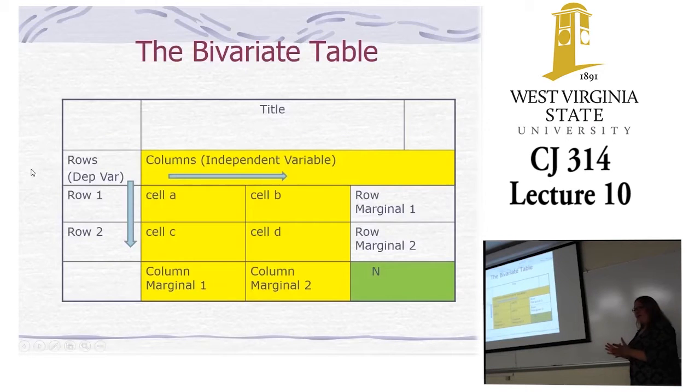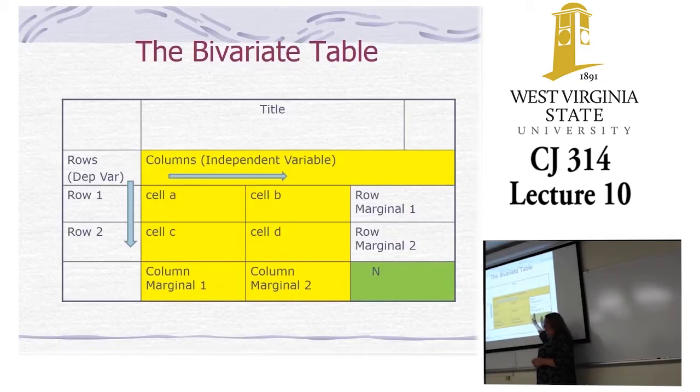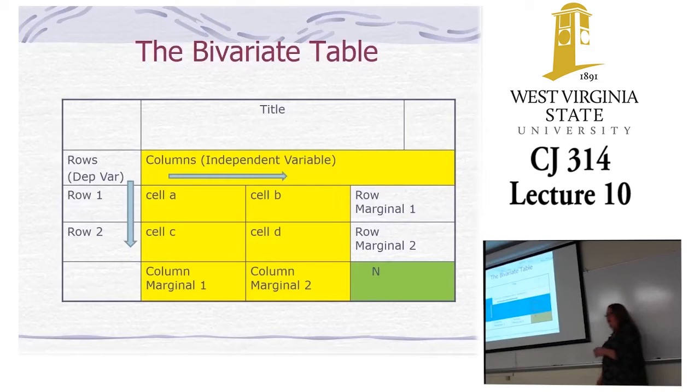If you're a visual person, hopefully this will make more sense to you. Column is our independent variable. So we're going to put numbers for the columns here. Rows are dependent variable. So we're going to put numbers for the rows here.